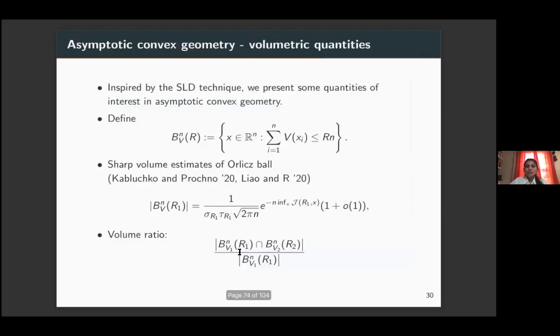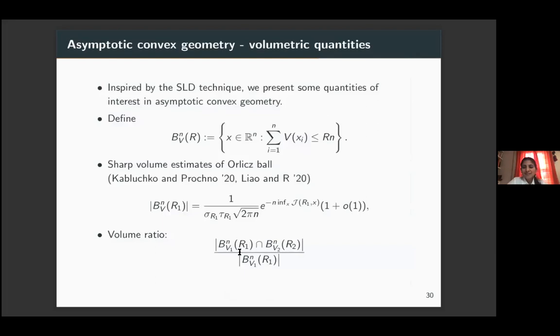Okay, so you might say, okay, fine, you get a lot of estimates for projections and that's nice, maybe. But maybe look at something that's more central. Of course, volumetric quantities are very important in asymptotic convex geometry. And as I mentioned, as part of the proof, we had to look at intersections of different kinds of Orlicz balls.